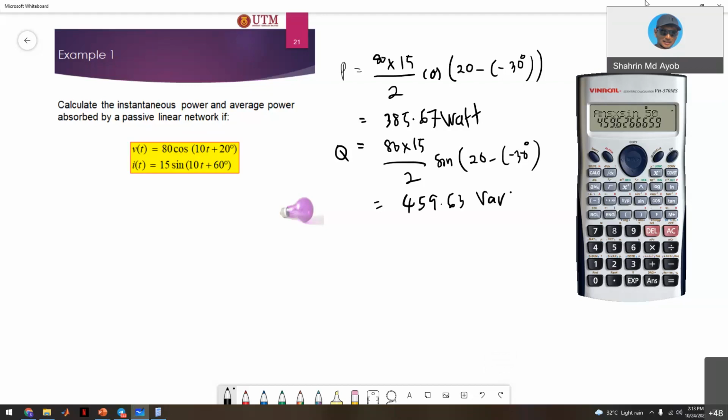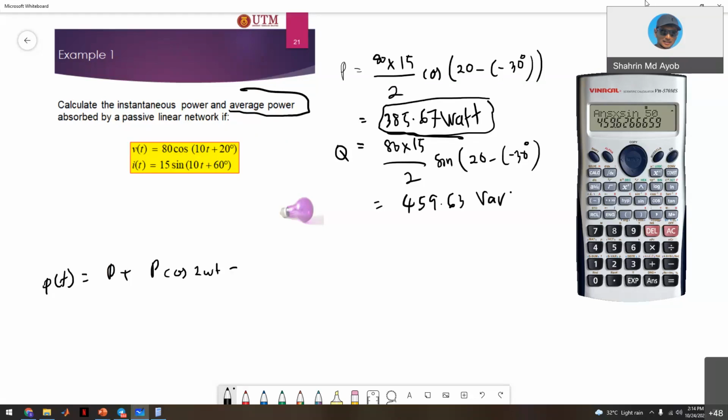So we have already obtained your P, the average power, which is what the element will absorb: 385.67. Your instantaneous power is P plus P cos 2 omega t minus Q sine 2 omega t.